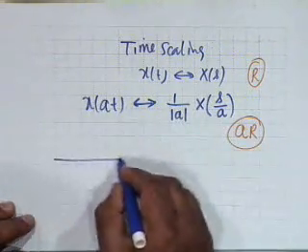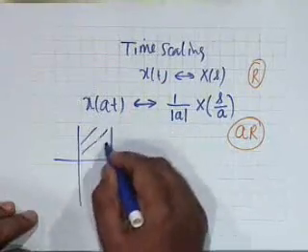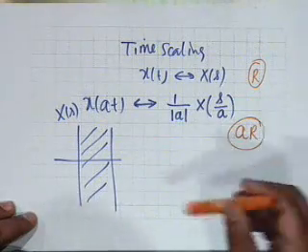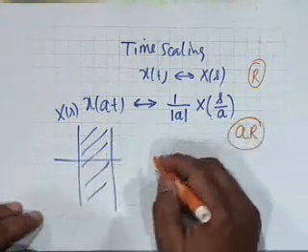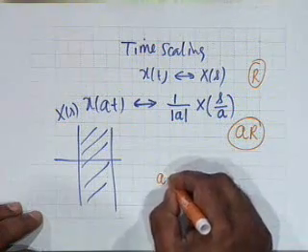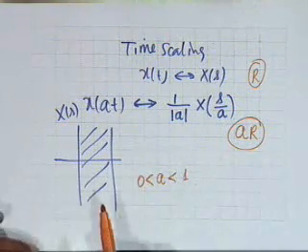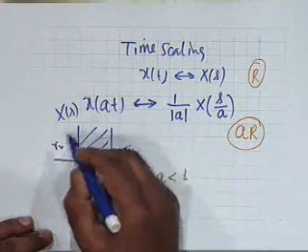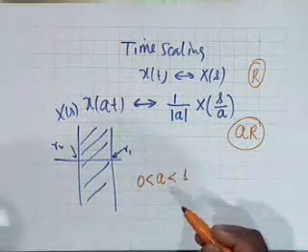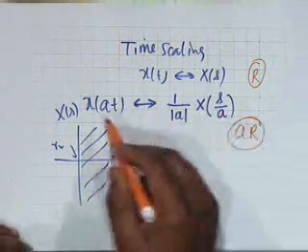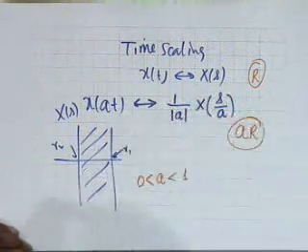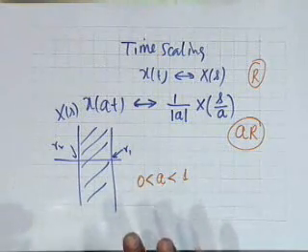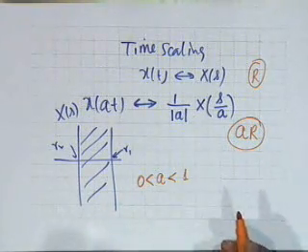So, if the region of convergence of X(s) is this, and a, let us say a is less than 1, a lies between 0 and 1, then let us mark this. If this is R1 and this is R2, what will happen to the ROC of X(s/a)? Will it be enlarged or compressed?